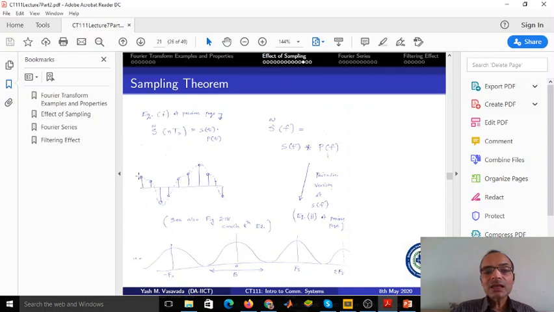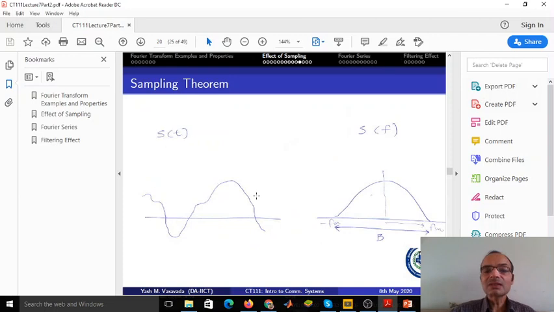Even if I keep only these samples and if I throw away all these intermediate voltage values, I am still able to recover the original signal back completely without any change in the original continuous time signal s of t.